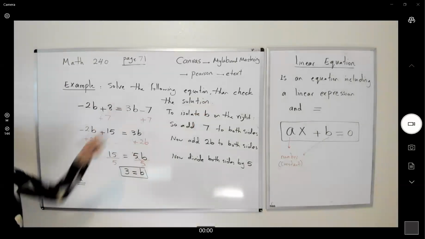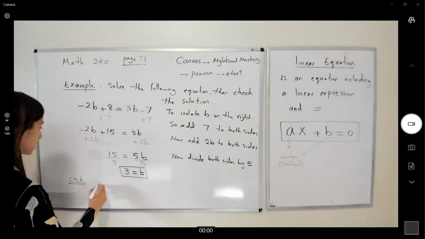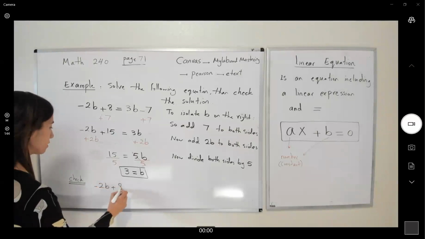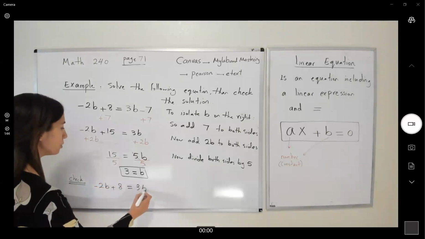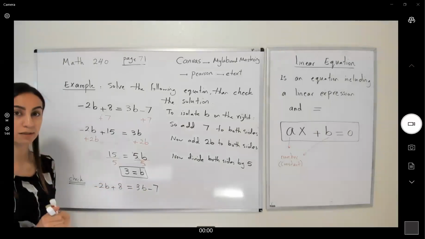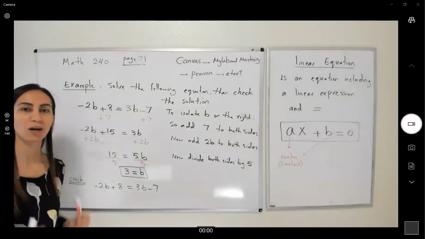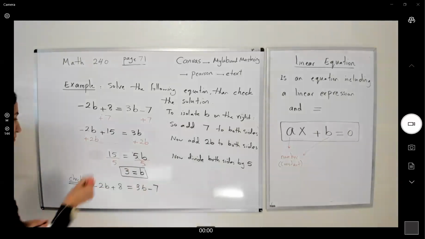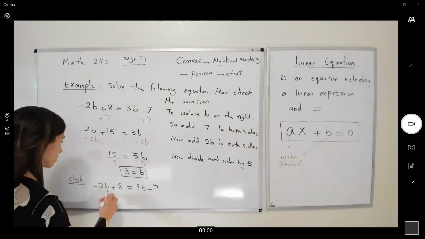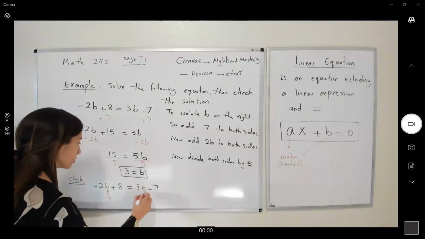We copy down the original equation, minus 2b plus 8 is equal to 3b minus 7. Since you have a variable on the left side and a variable on the right side, you have to substitute for both of them. So substitute 3, substitute 3.